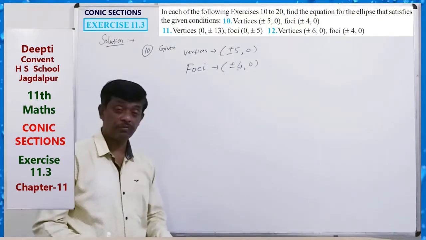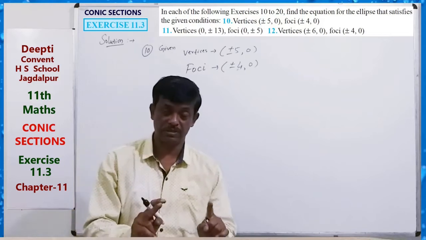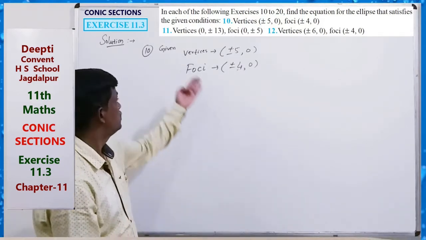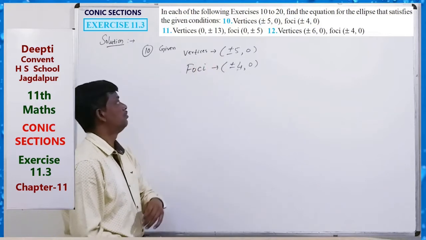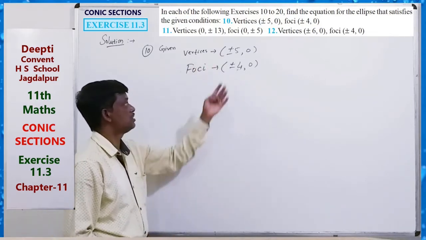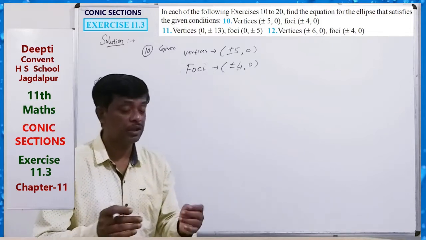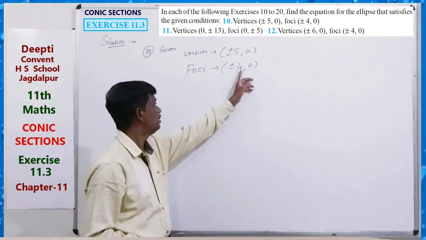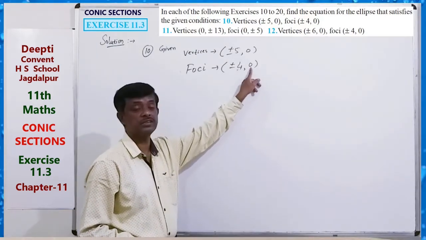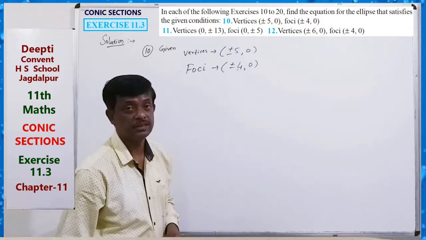So first of all, for finding the equation of ellipse, we have to find the format. What will be the format? The vertex is plus minus 5, 0, and the foci are plus minus 4, 0. We know the foci lie on the major axis. Here the foci have y coordinate 0, that is, they are on the x axis.